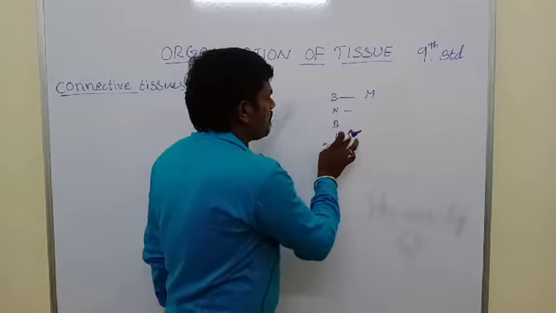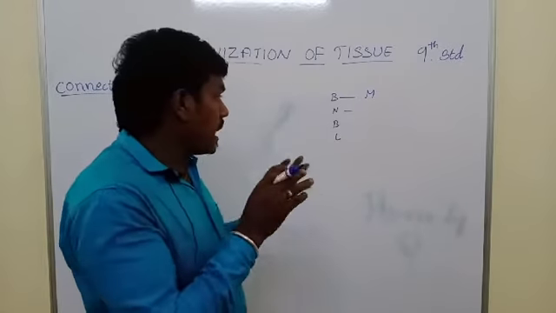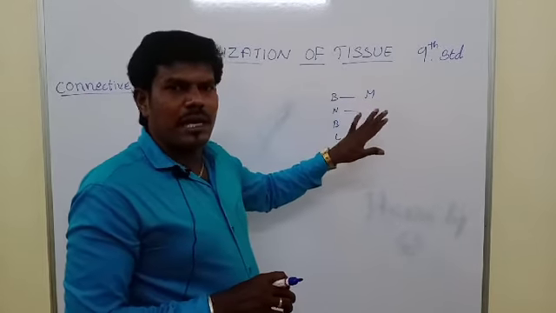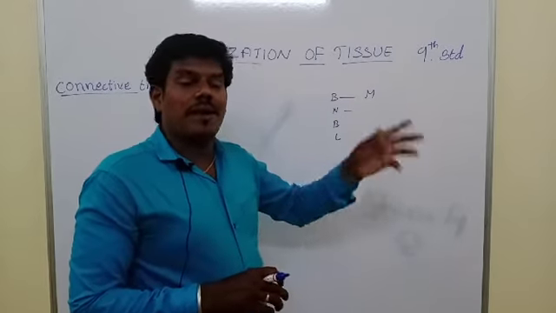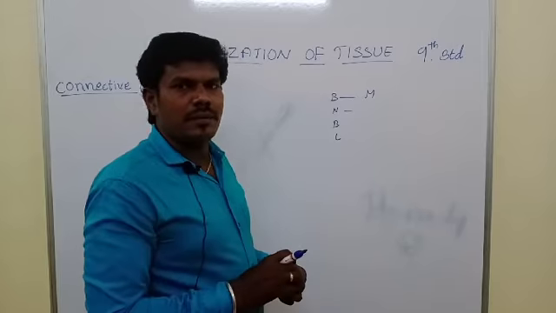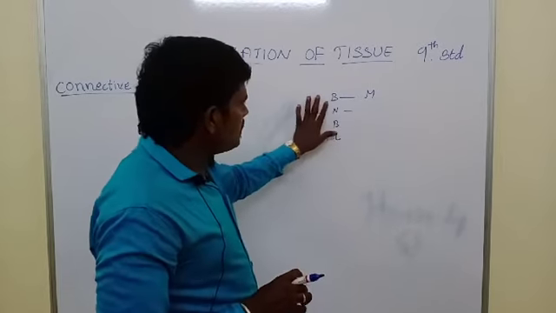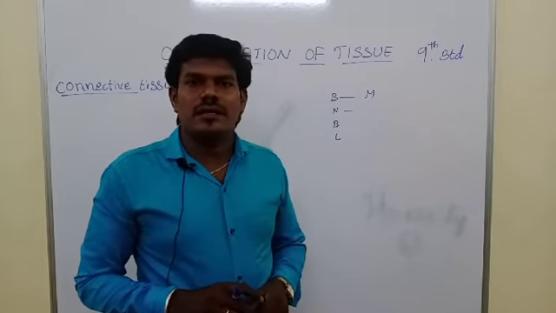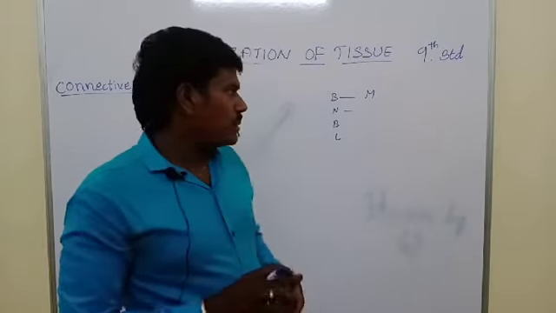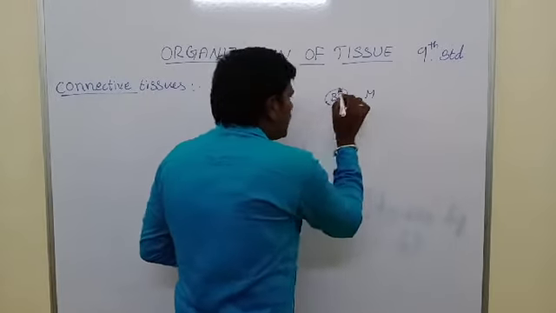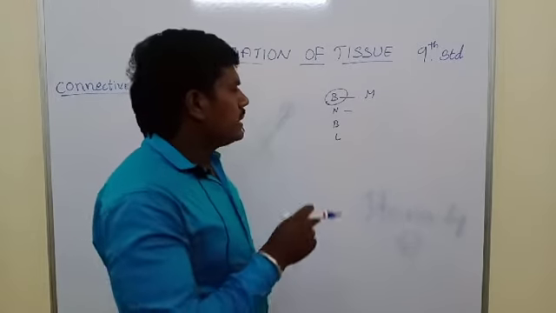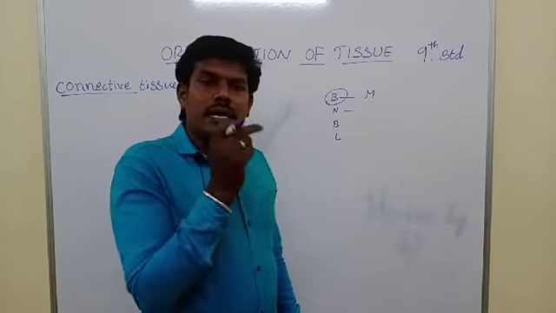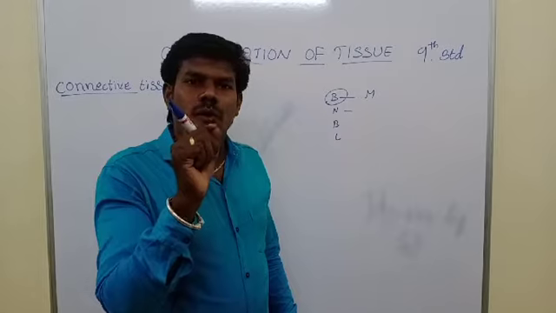This substance may be present in matrix substance or fibrous content. This substance gives structural framework and support. That means blood has the main responsibility. What is that framework? The respiratory substance, oxygen, enters our body, and each and every cell wants that oxygen to reach it.